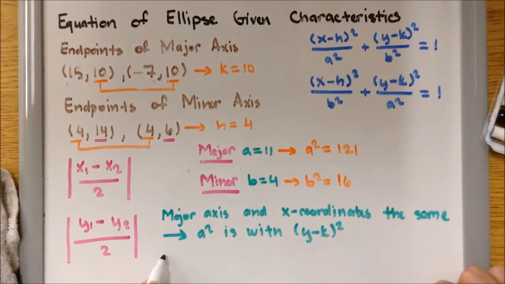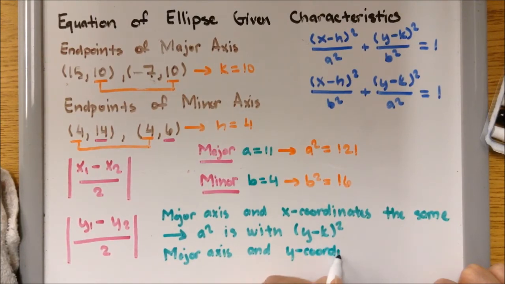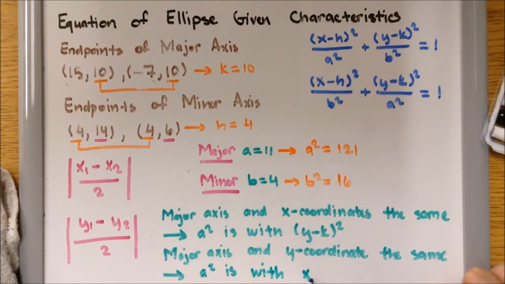Now if major axis and y coordinates the same, so if the major axis and the y coordinates are the same, which in this example they are, so the a square is with x minus h squared.